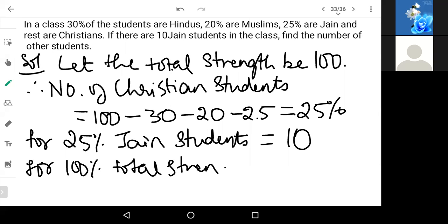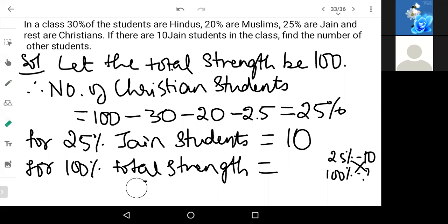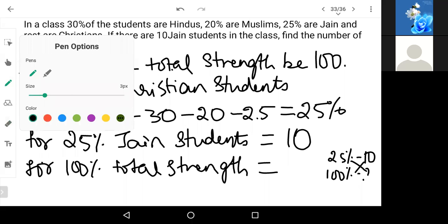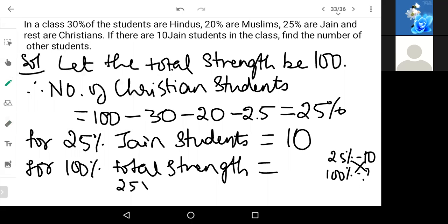For 25% it is 10 students. For 100% how much? Do the cross multiplication. 25 into x is equal to 100 into 10. So 100 into 10 is 1000. 1000 divided by 25 is 40. X is equal to 40.